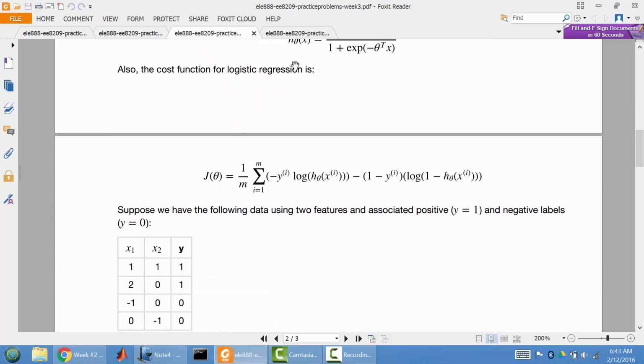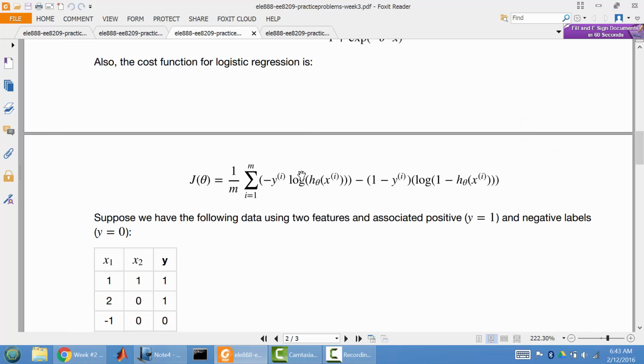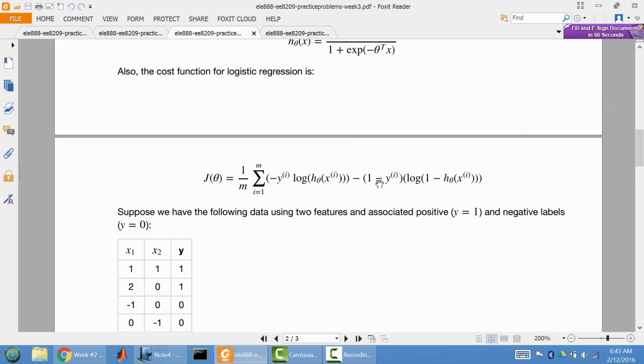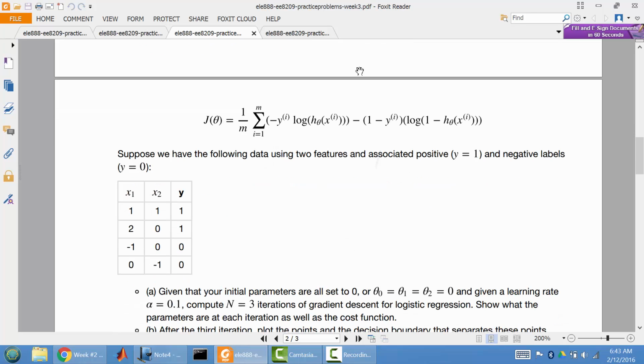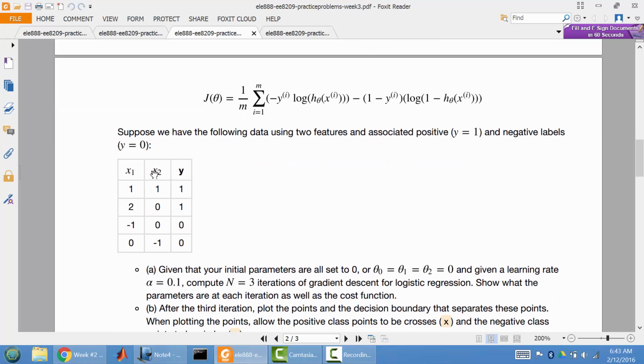And the cost function is also changed. Instead of a sum of squared differences, the cost function is changed, and we'll talk about that later. So what we have now is two features. We have 4 examples, where 2 examples belong to the positive class where y is equal to 1, and 2 examples belong to the negative class where y is equal to 0.